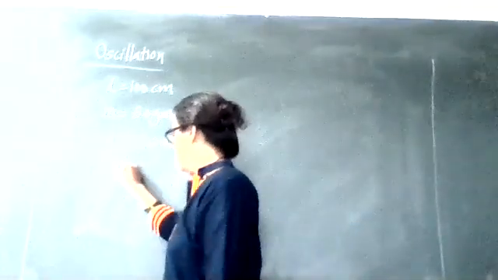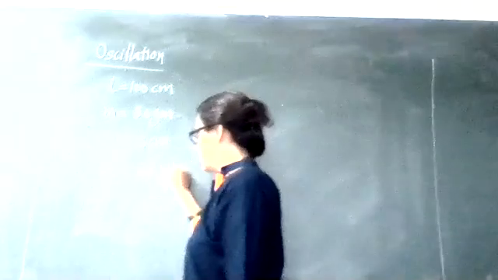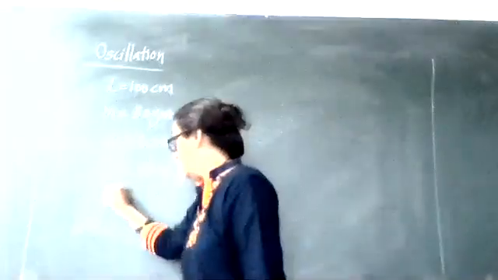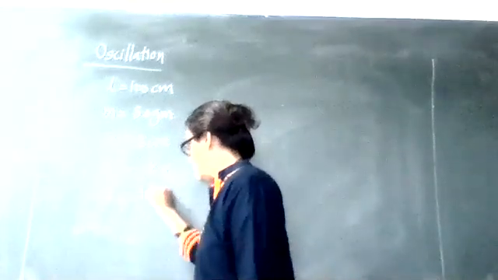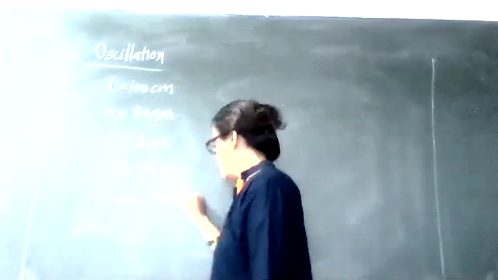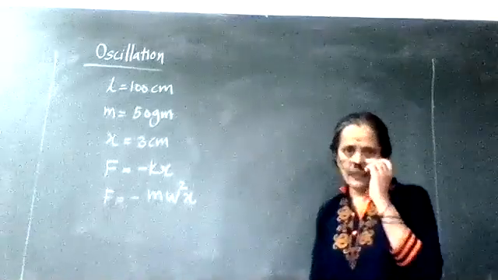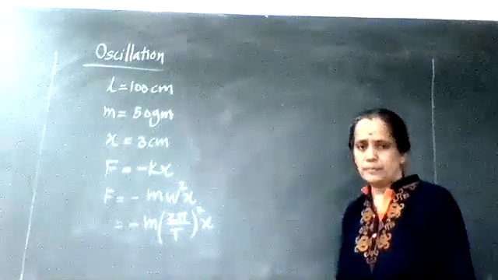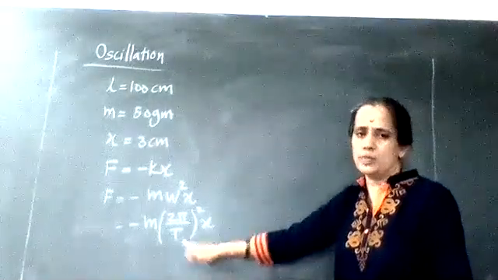So restoring force F is equal to minus Kx. This you want to find out. Well, what is the value of K? K value is nothing but m omega square. Your omega value is 2 pi upon T, bracket square, where T is the period of the simple pendulum.